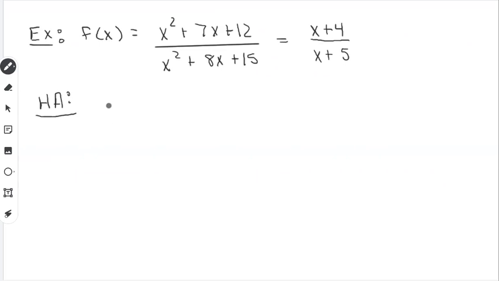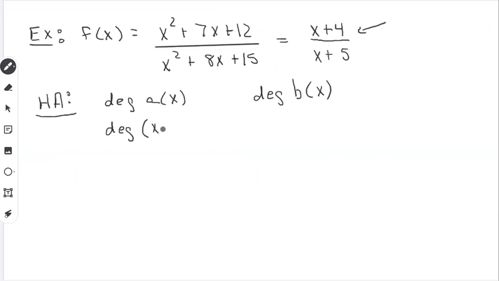Okay, so we need the degree of a of x, and we also need the degree of b of x. So once again, what is a of x? A of x is the top, x plus 4. Okay. What is b of x? That would be the bottom of the fraction, right?